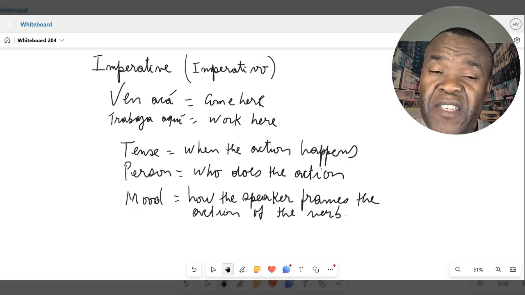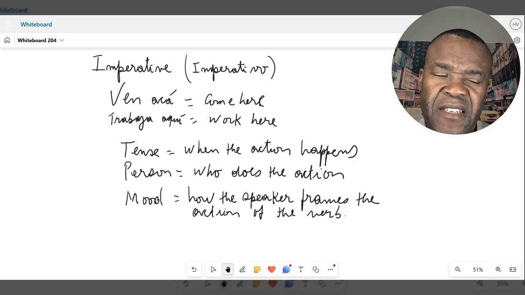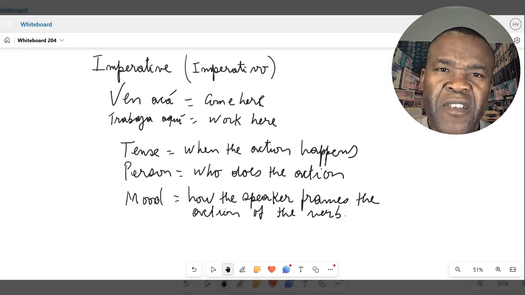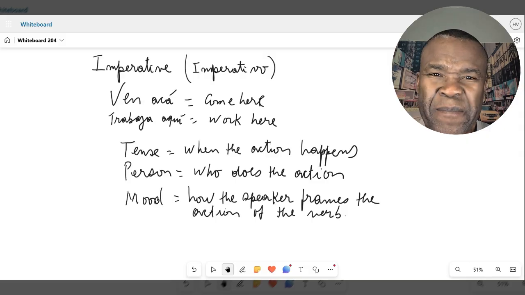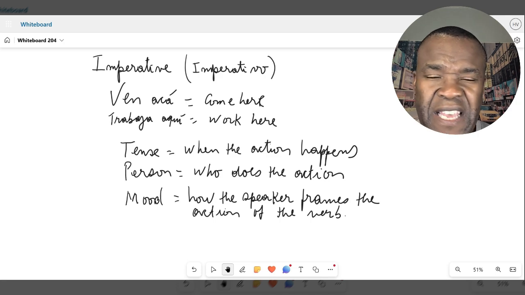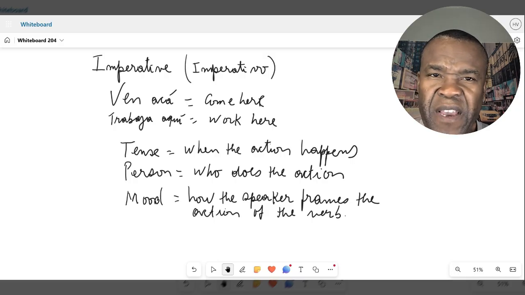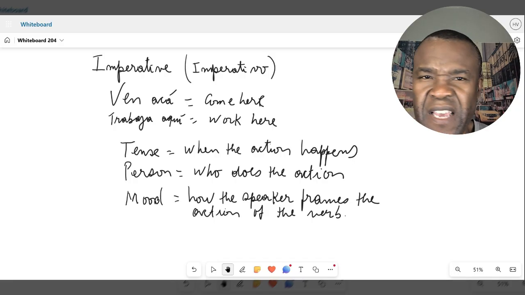One more thing is, in English we generally use the indicative mood and the imperative mood, whereas in Spanish they use all three moods equally. They use the indicative mood heavily, the subjunctive every day, the imperative every day heavily.